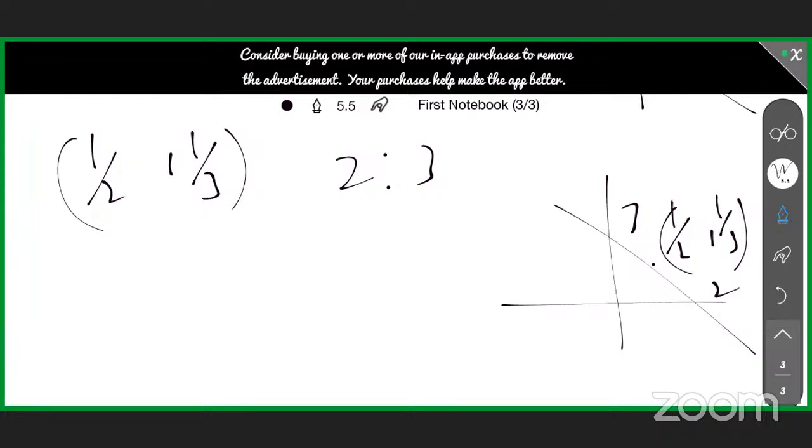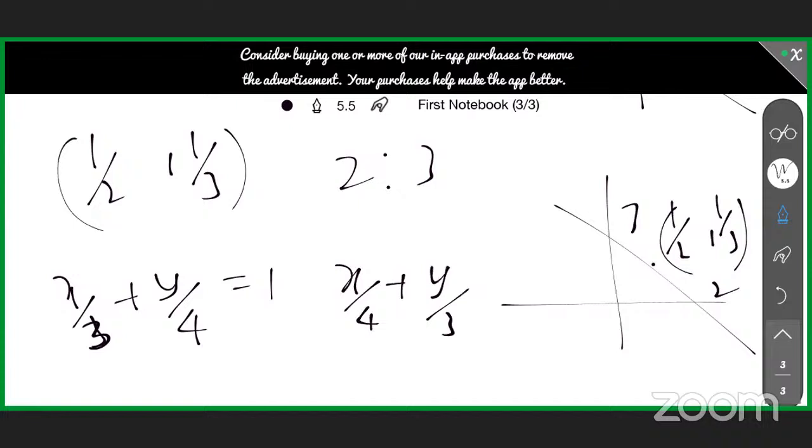Next question. A variable line is drawn through the point of intersection of the lines x/3 + y/4 = 1 and x/4 + y/3 = 1.